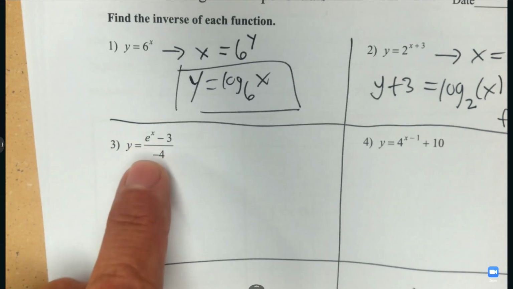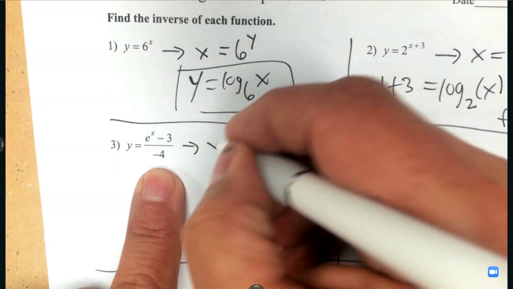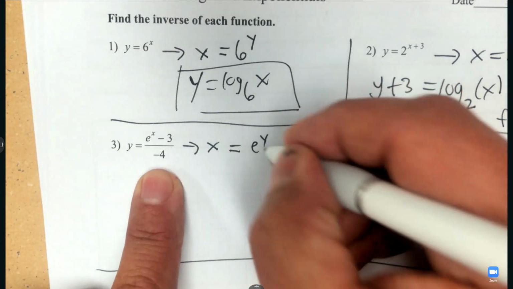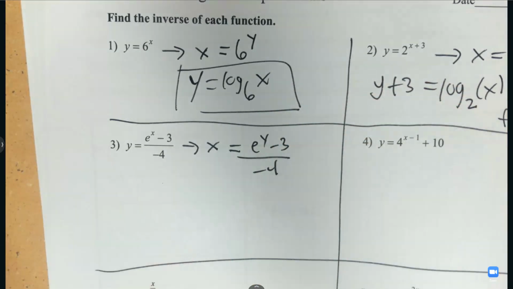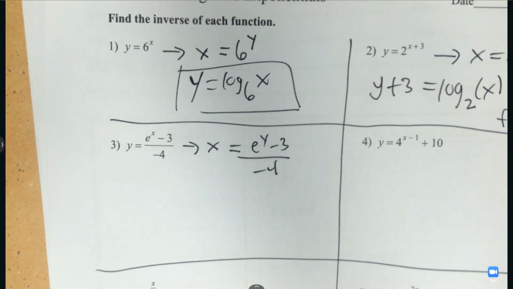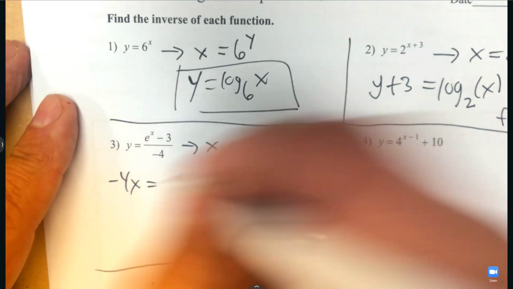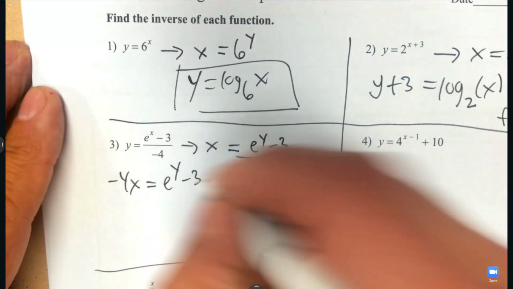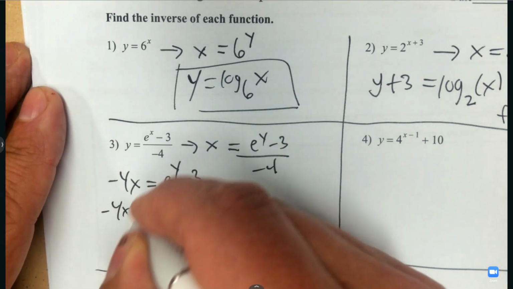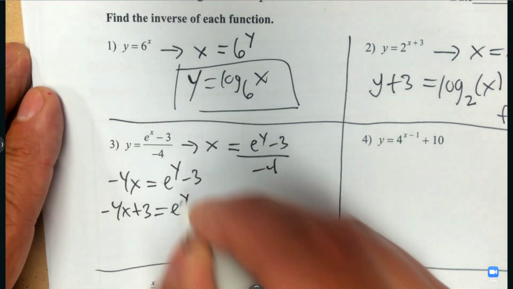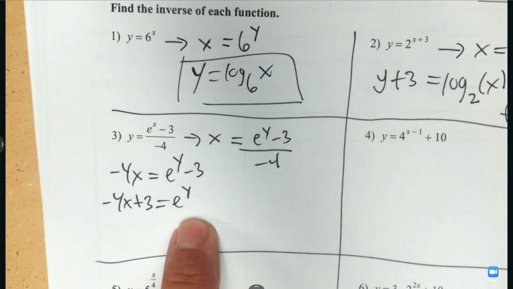Again, we have an exponential. So step number 1 is to inverse x and y. And then I need to have the algebra skills to get y by itself. So the inverse of dividing is to multiply by negative 4. The inverse of subtracting 3 is to add 3. Now the exponential is isolated.